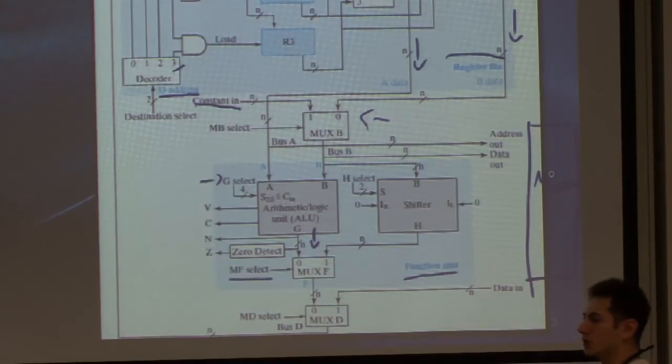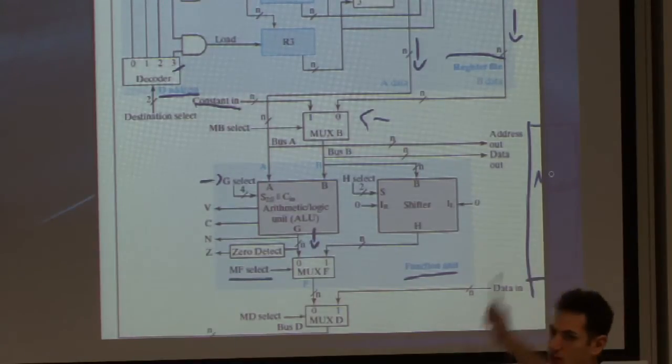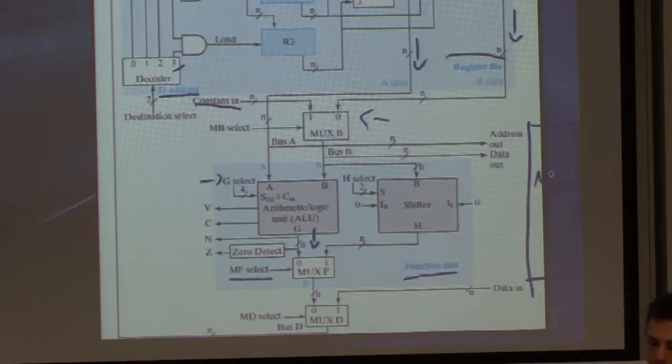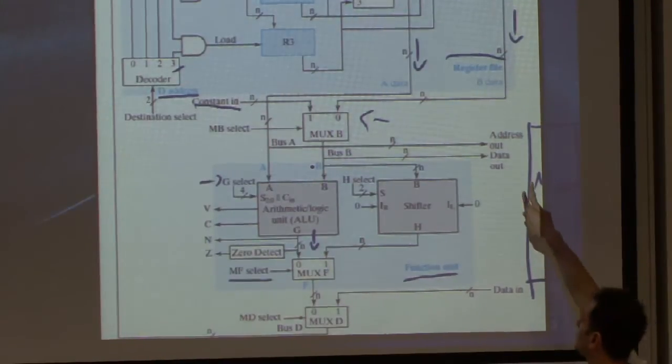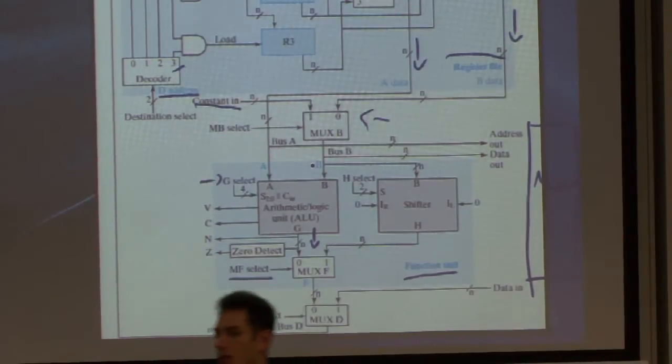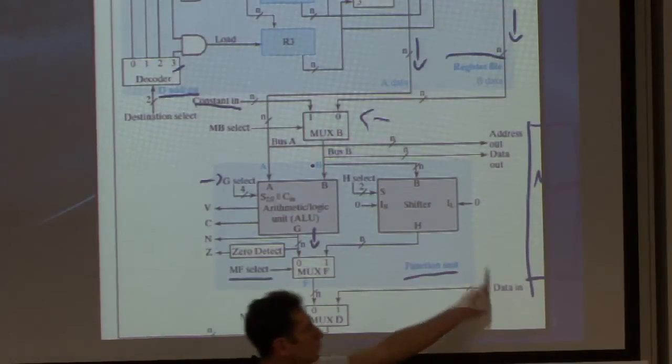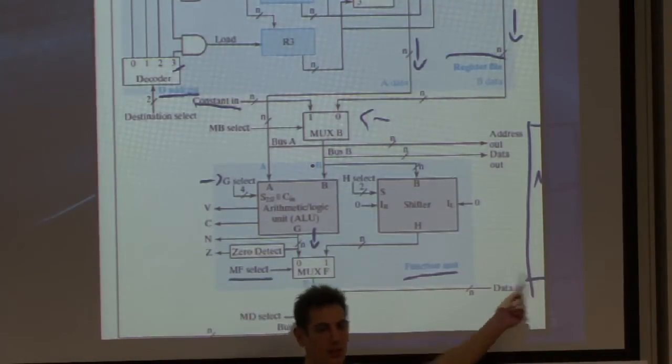I will have to choose a particular address in the external memory that I want to write to. So I'll put that address on bus A. The data that I want to write into this address will be put on bus B. And then the control unit will signal the memory to take those address out and data out and push this into the corresponding place in the memory.